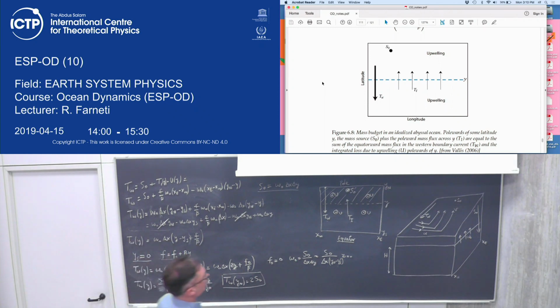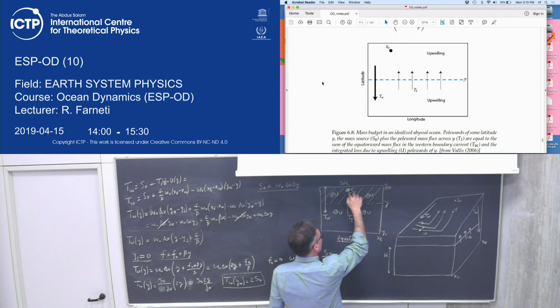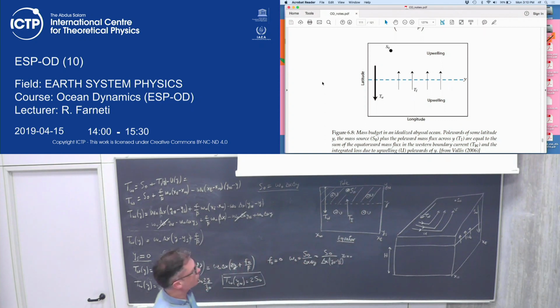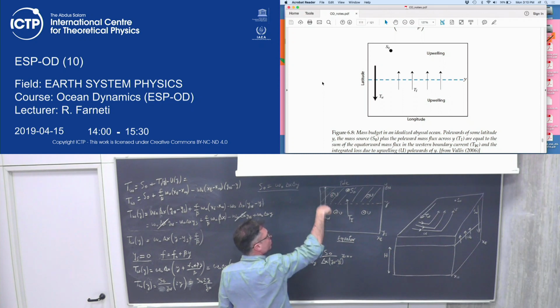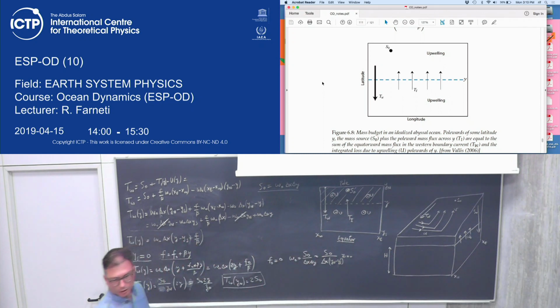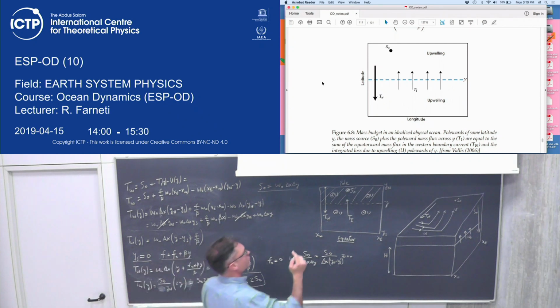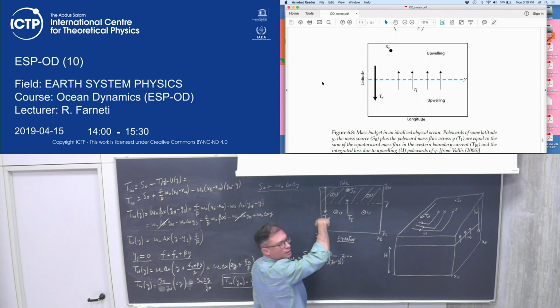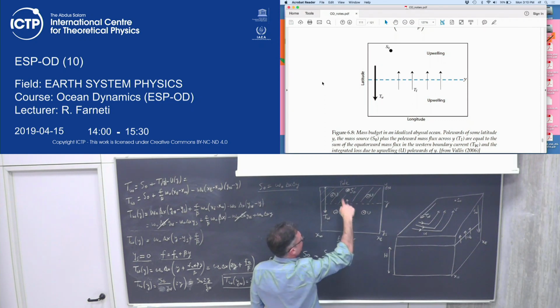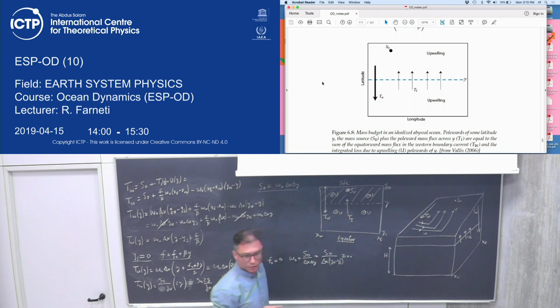So this is telling me that if I have one injection of S naught, the amount of transport on the western boundary is going to be twice that injection. How can you have one injection of S naught and twice that injection leaving this area? Because you have an interior transport, right?